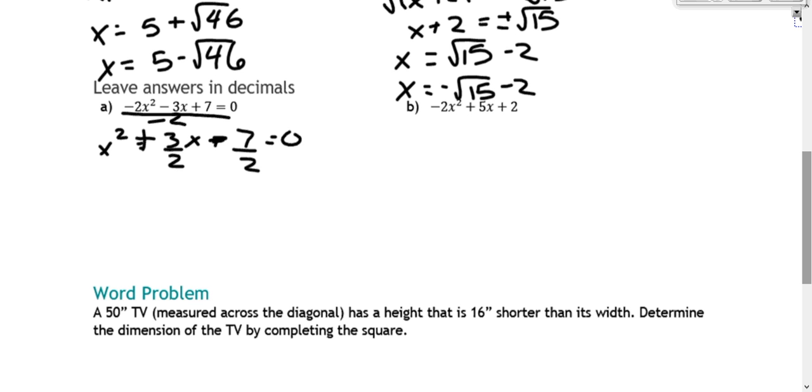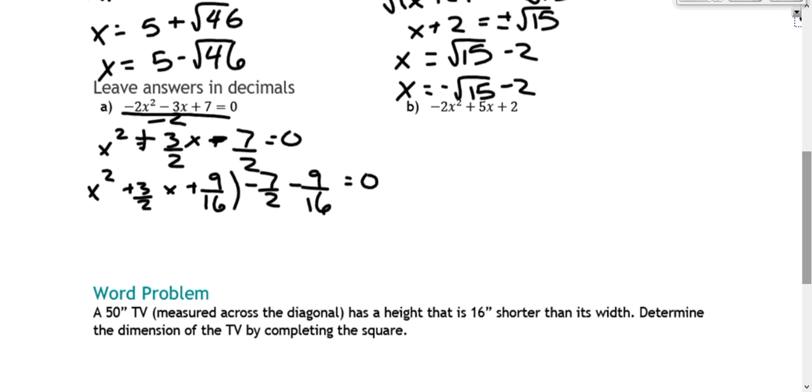Complete the square, so then it should be x squared plus 3 halves x plus 9 sixteenths, bracket, minus 7 halves minus 9 sixteenths is equal to 0.